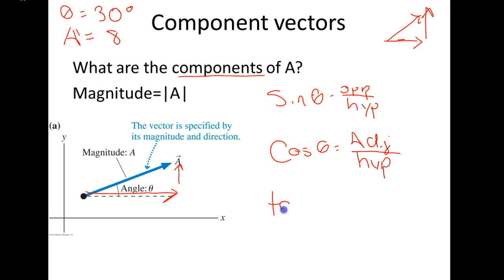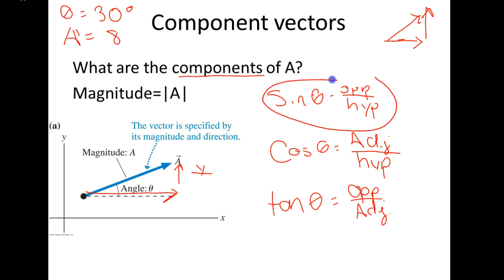And I know that tangent of theta is equal to opposite over adjacent. So I've got to choose: what do I have here? I've got a theta and I've got a hypotenuse, and let's say I'm going to ask you first for the y component of this. In this particular triangle, the y is the opposite side, and that leads me to the sine function.